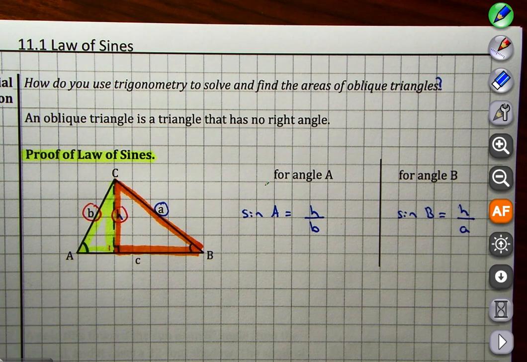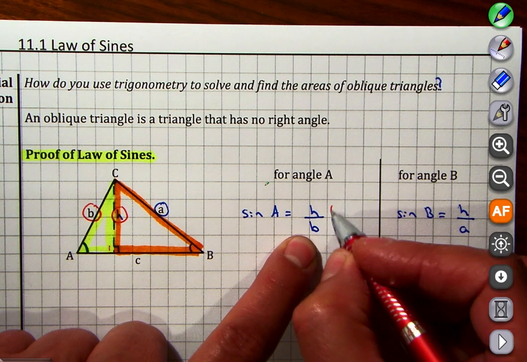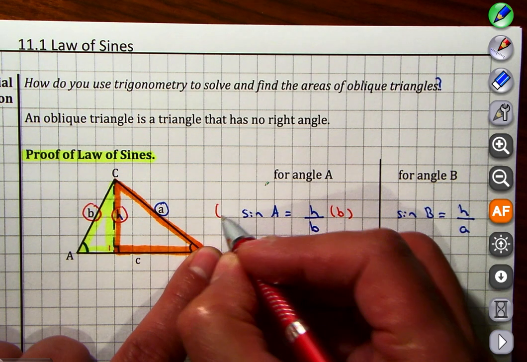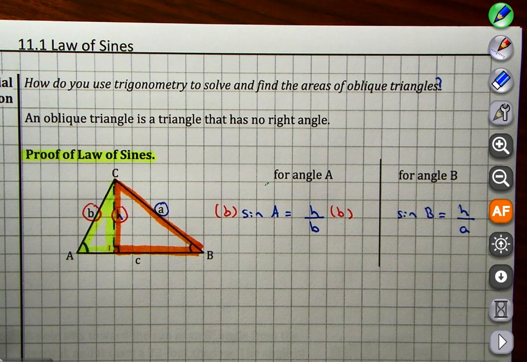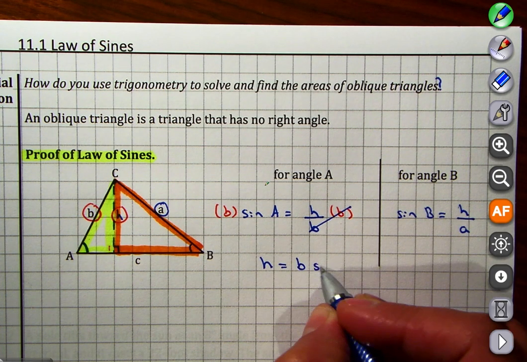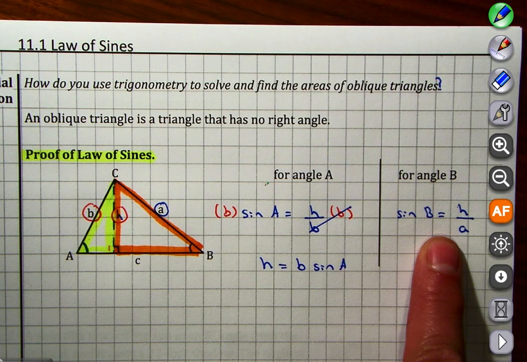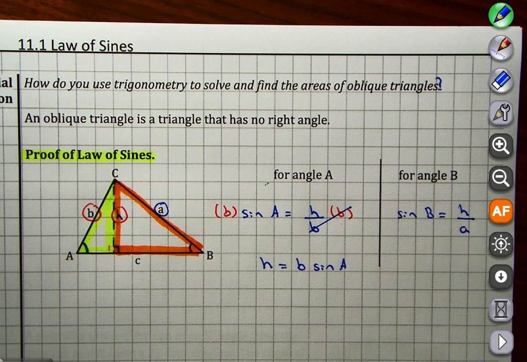Now what we want to do is leave the h by itself. So on this side, I'm going to multiply both sides by b. And therefore my b's cancel, and h is equal to b sine of A. And on this side, I'm going to do the same thing.